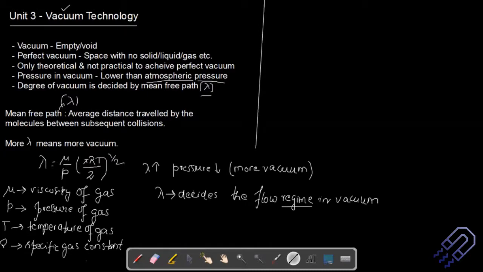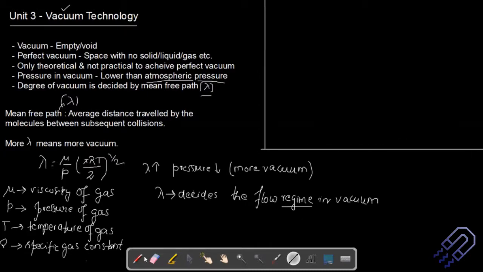Similar to the Reynolds number, we have another number based on which we can say whether we are having a streamlined flow or a turbulent flow, and so on. That is called the Knudsen number. The K is silent here.